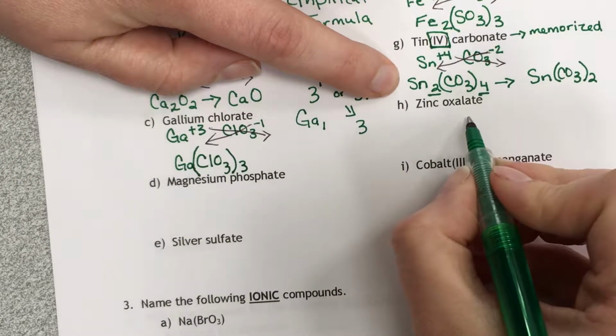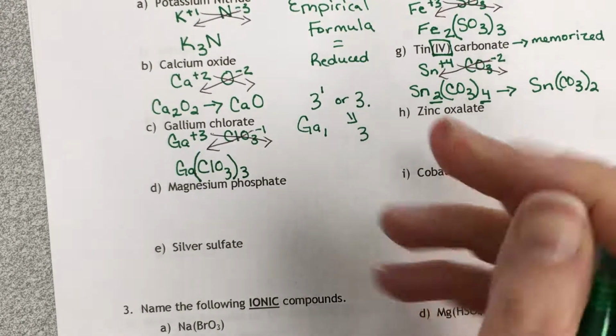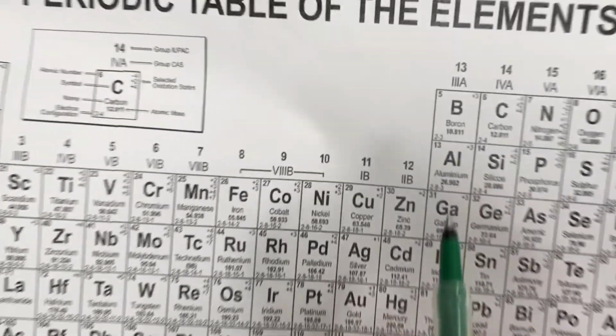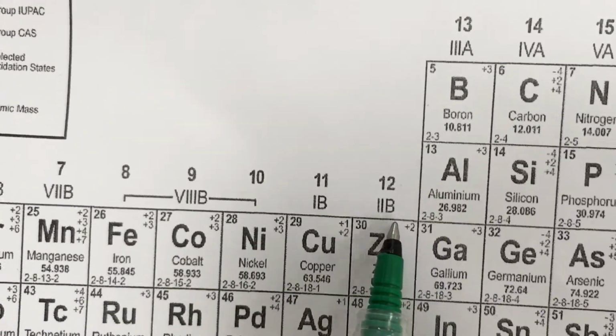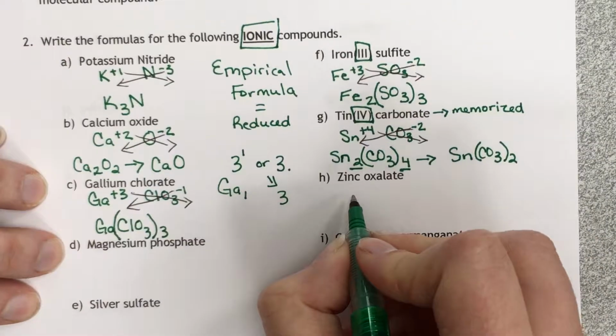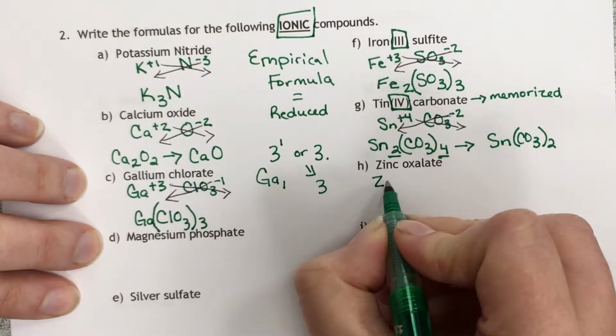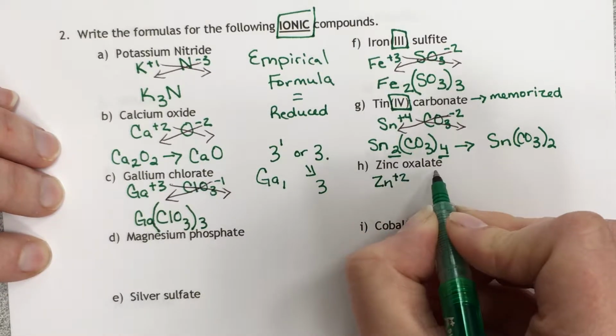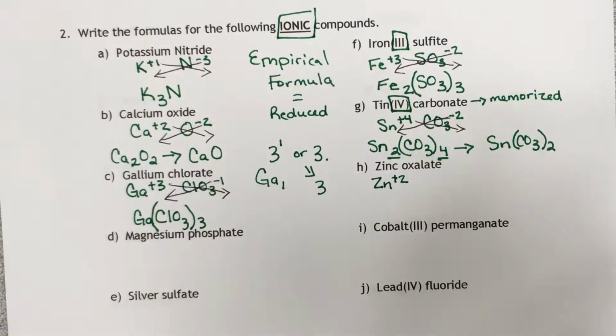Moving on, zinc oxalate. Zinc is a metal. It is a transition metal, okay, right here. It only has one possible charge, which is a +2 charge. So zinc with a +2 charge. Oxalate, that is definitely not something on the periodic table, okay?